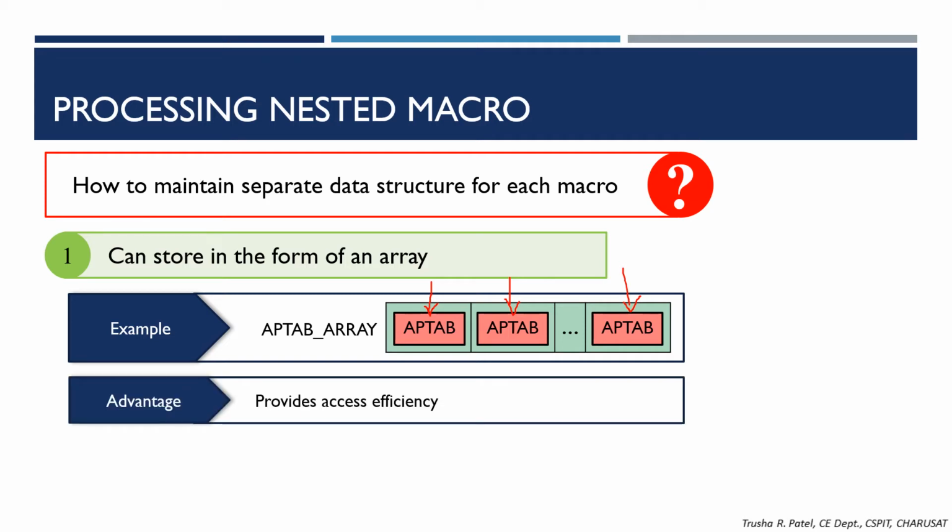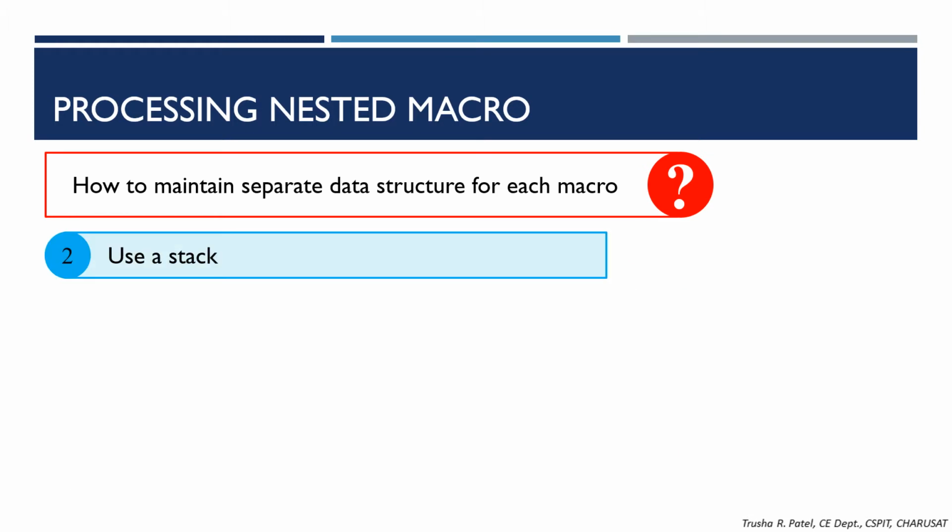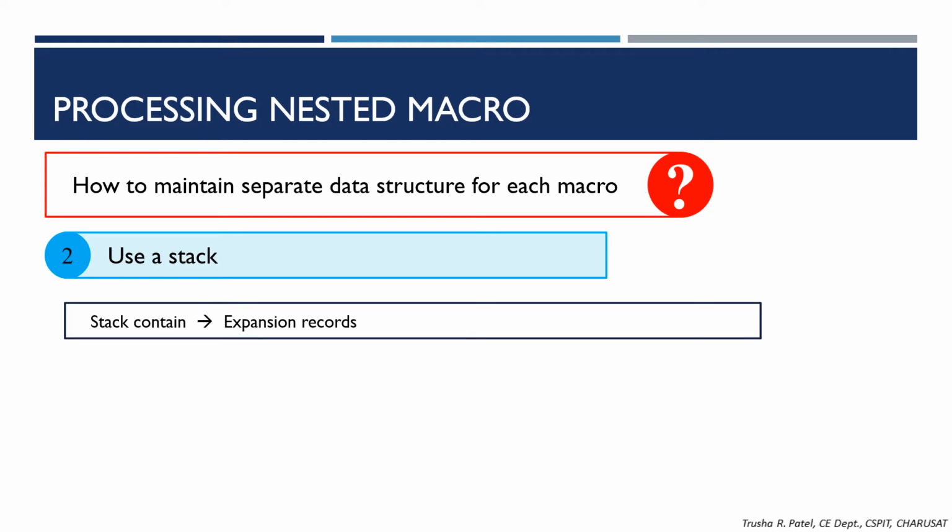Now the advantage is it is very efficiently accessible, but the disadvantage is it is very expensive in terms of the memory requirement. So the second possibility is we can use a stack for this.